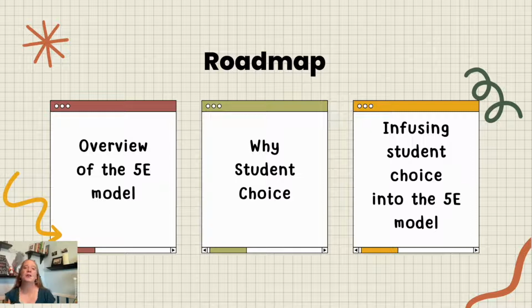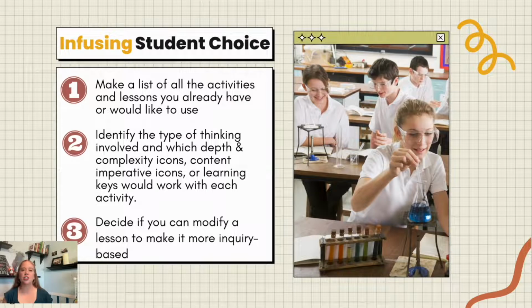All right, so infusing student choice. To get started, you'll want to first make a list of all the activities and lessons that you are already doing, that you already have, or that you would like to use, but you never really have time for. You see, I've been teaching for 25 years.